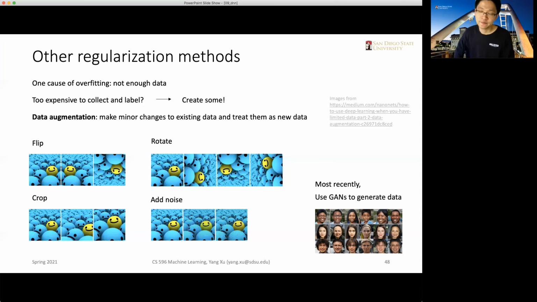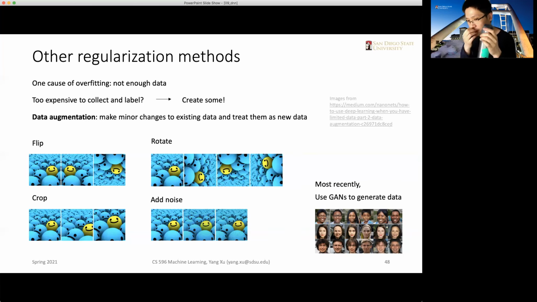Say I want to recognize this cup, but I don't have a lot of images of cups. So I can train a GAN model on top of the existing data sets, and then let the GAN model generate images of cups.